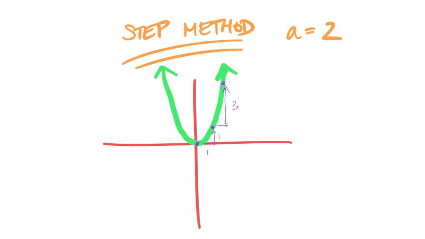In orange, if we have a shape that was created by a vertical stretch of a factor of 2, then that means this 1 that I went up, I don't go up 1 anymore. I go up 2. This 3 that I went up, I don't go up 3 anymore. I have to go up double. I go up 6. That would define my new shape.